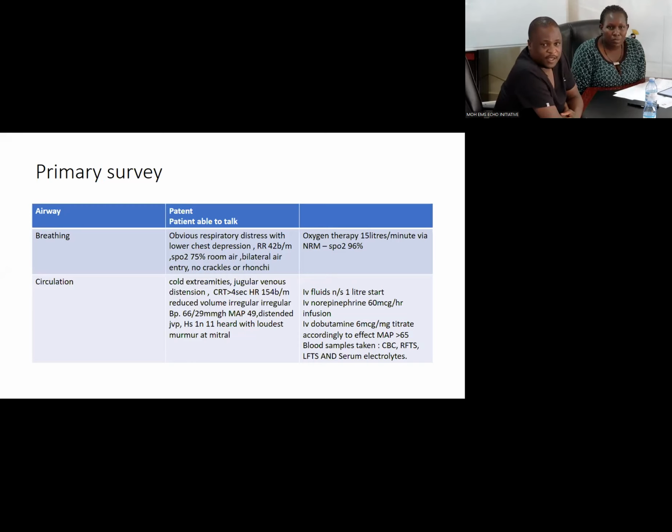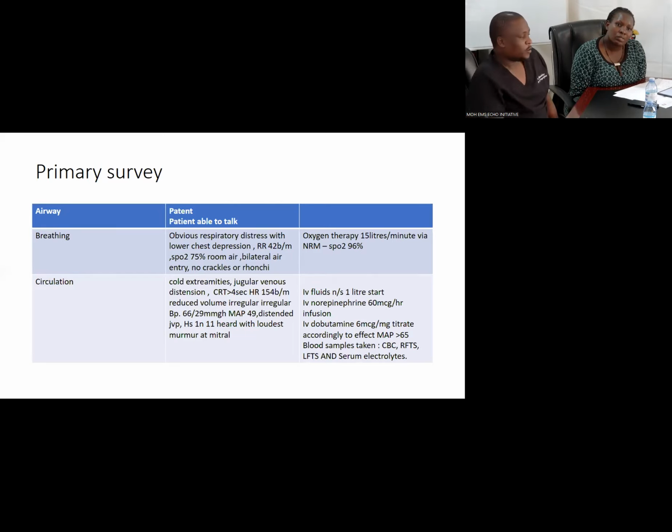On assessment of the primary survey, our airway was patent, she was able to talk. Our spine was intact, there were no features of injury. On breathing, she had obvious respiratory distress with lower chest indrawing. She was tachypneic with a respiratory rate of 42 breaths per minute. She was desaturating at 75 percent on room air.